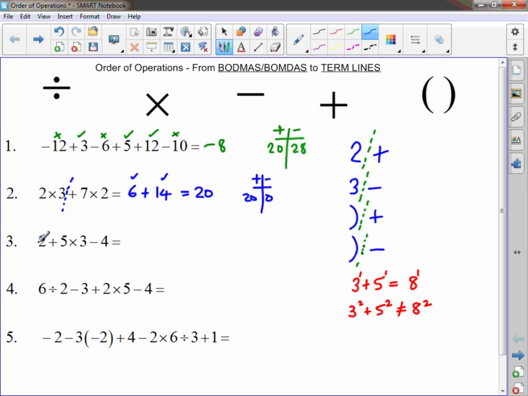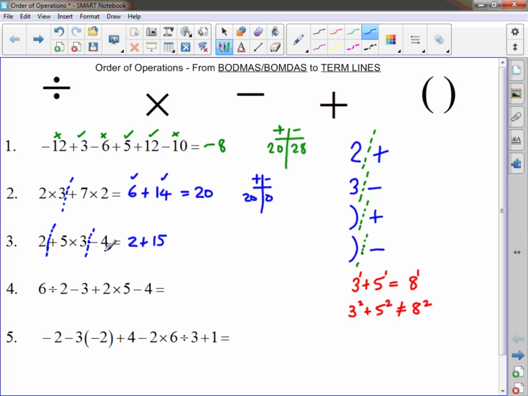If we consider question 3, our first term line will appear here because you've got a number followed by a plus sign. Then our next term line will appear after the 3. So this is a 3-term expression. There's nothing we have to do with this 2, unlike the 5 times 3 here, so that 2 is just going to remain. The 5 times 3 will give us the 15.